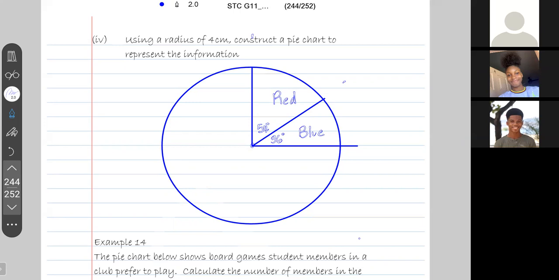The next angle after 54 is 72 degrees. Remember, the last line is going to become my new zero line.